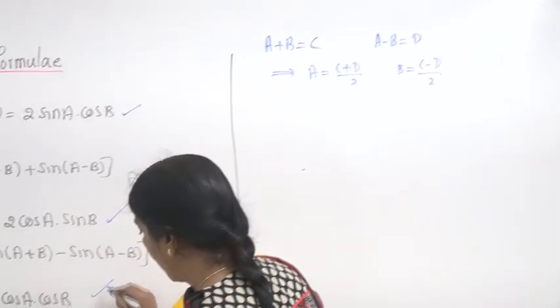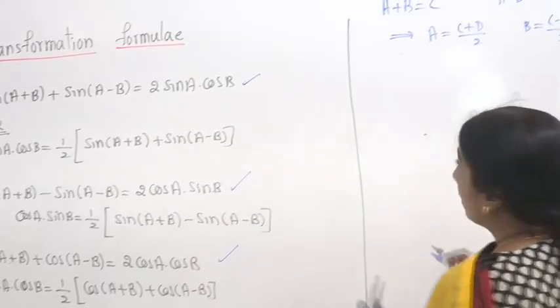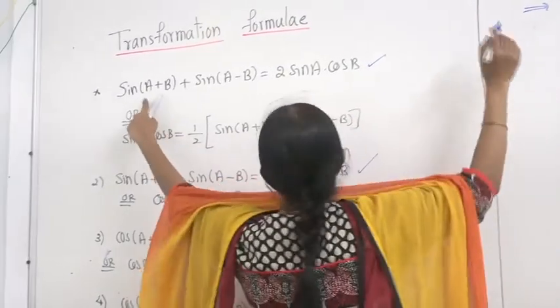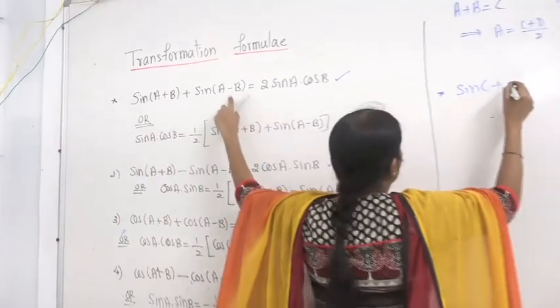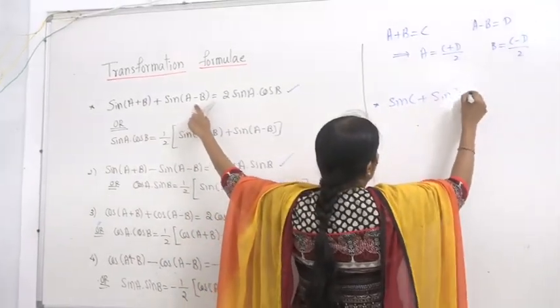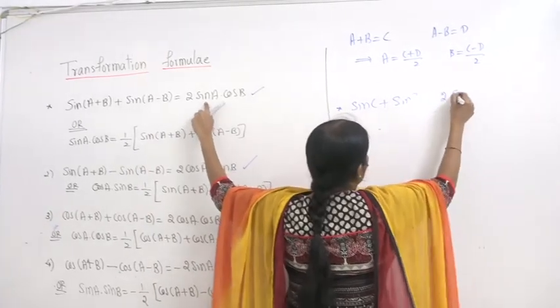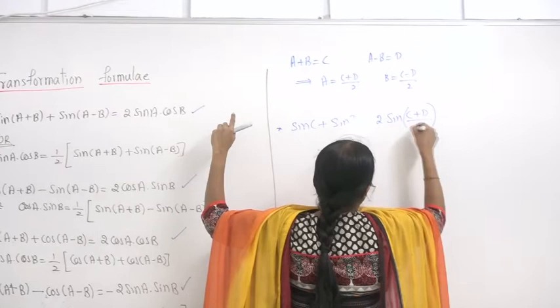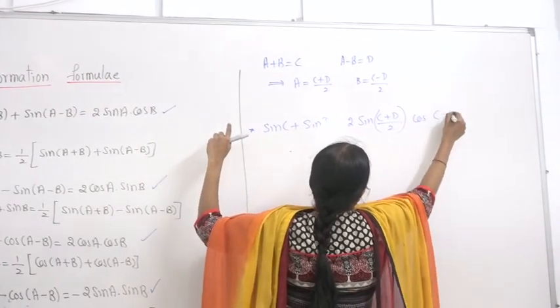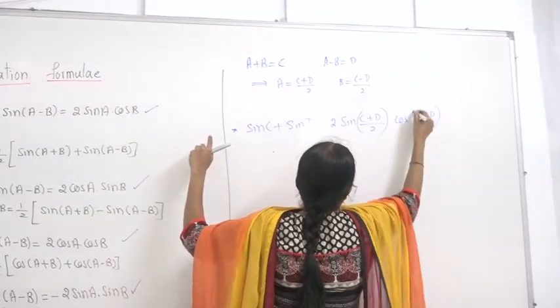So this will be sin c plus sin d is equal to 2 into sin c plus d by 2 into cos c minus d by 2.